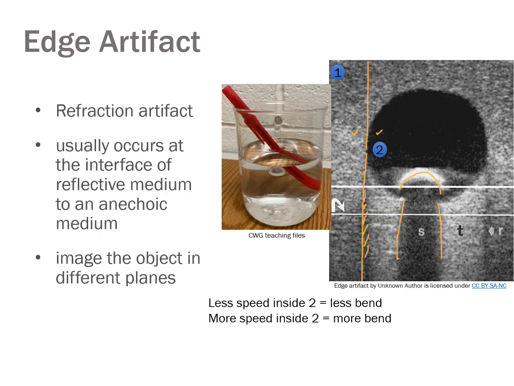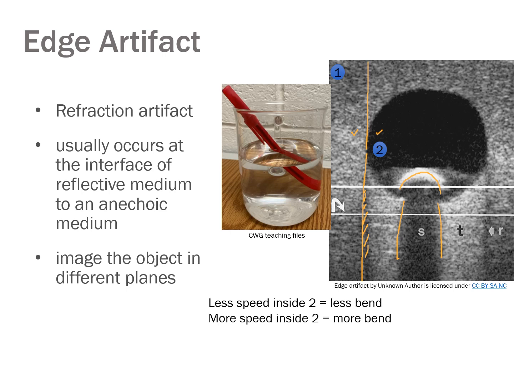An edge artifact is actually a refractive shadow, and it's created when there is a difference between the impedance between two tissues, and it causes the sound to bend. And what we can see in this particular file is that the sound is traveling down the cystic structure, which actually has a stone in it, so it's creating a sound shadow in behind here.